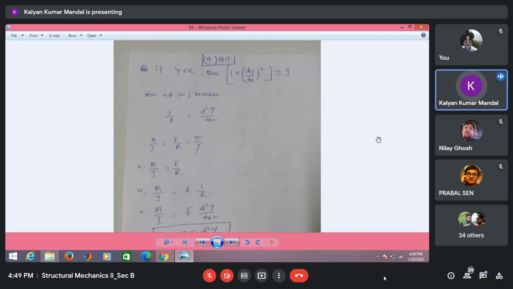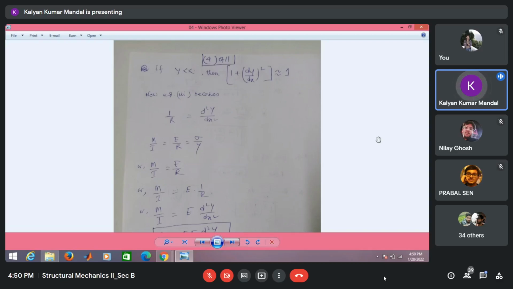Then the equation for the curvature, 1 by R, becomes d2y/dx2, that is 1/R = d2y/dx2. This is true when we assume the problem is a small deformation problem.